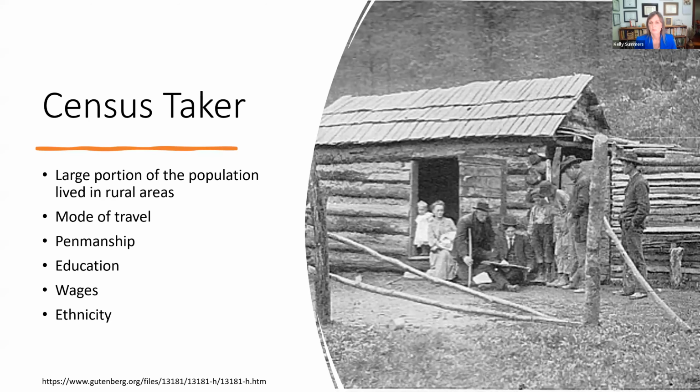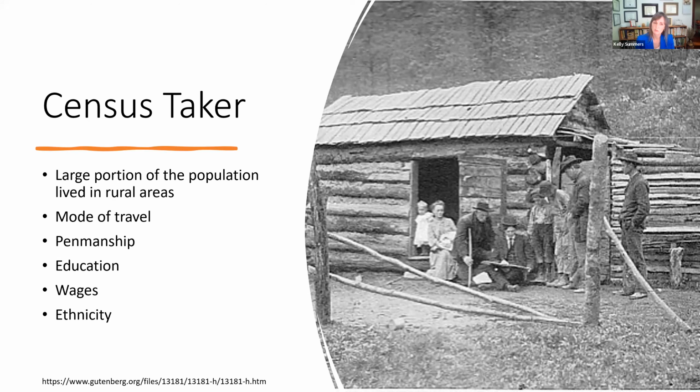And when it was time to take the census or gather and collect this information, these census takers were assigned an area within the county or the township to go visit during a certain period of time. They may have had a week or a little longer or a little less to cover an area that they were assigned.